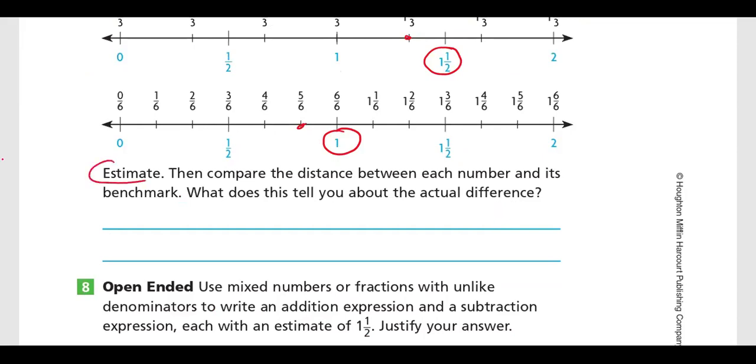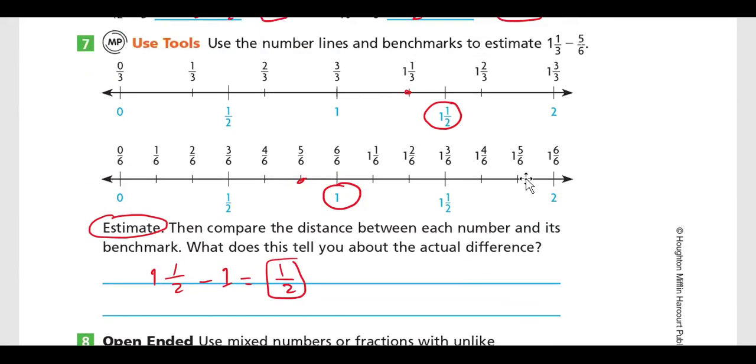So it will be 1.5 minus 1. So it will be half. But actually, if we need to find the difference, we have to make the same denominator.